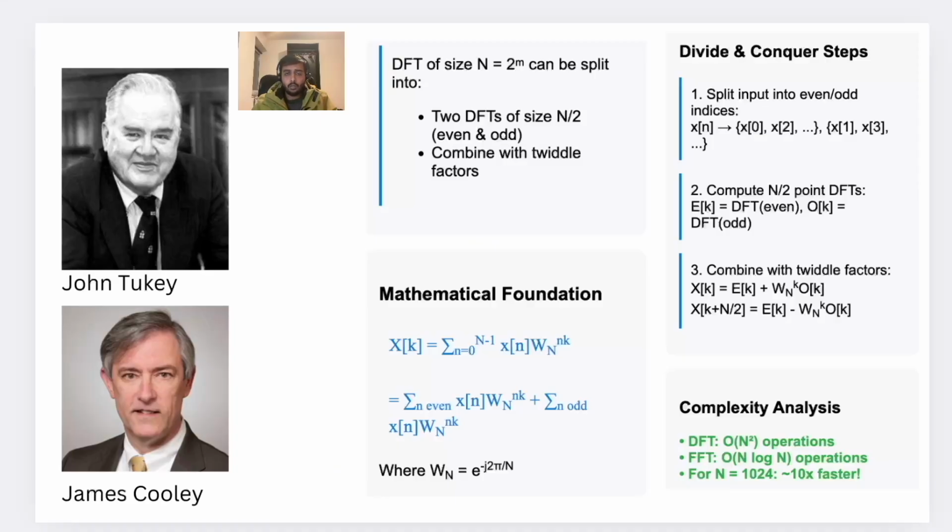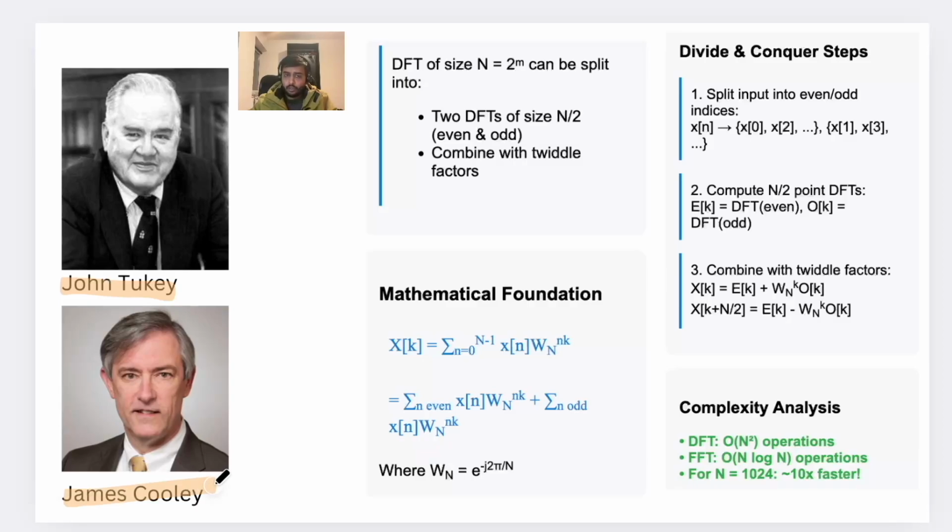So now having understood the different types of Fourier transform and the most practical one, the discrete Fourier transform, we will discuss one of the breakthroughs in the fast Fourier transform, which was the Cooley-Tukey algorithm by two scientists known as John Tukey and James Cooley.